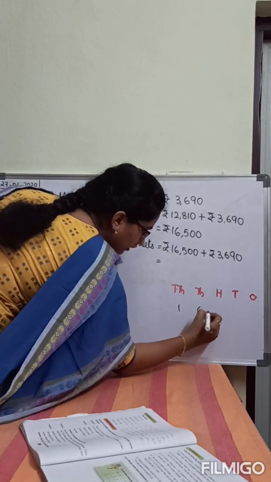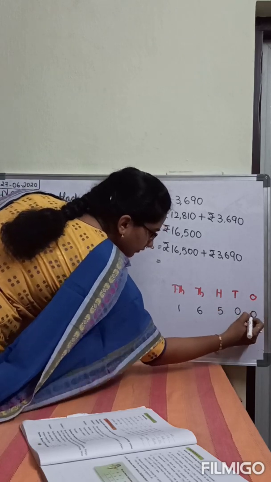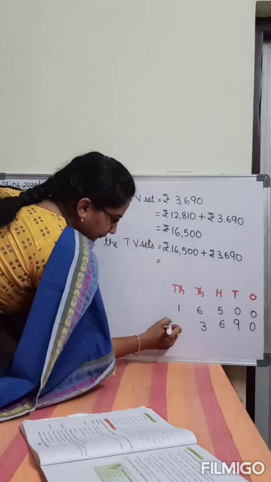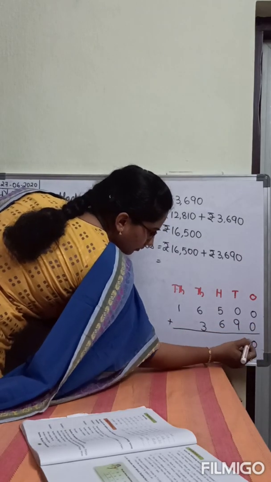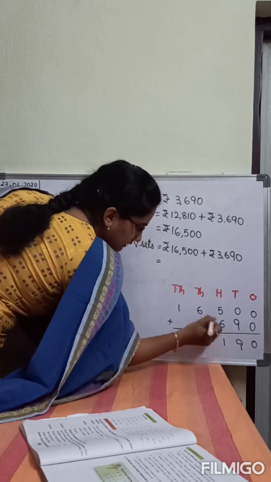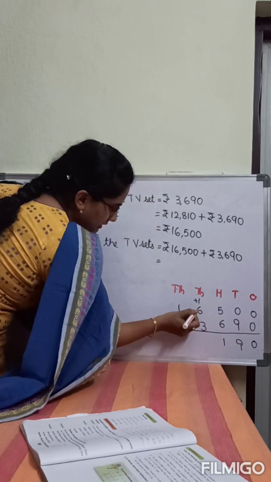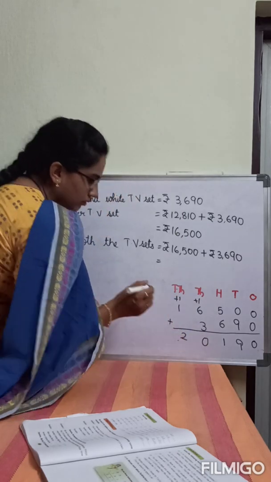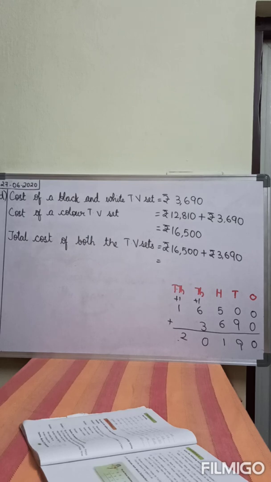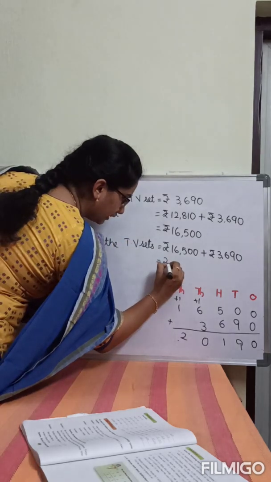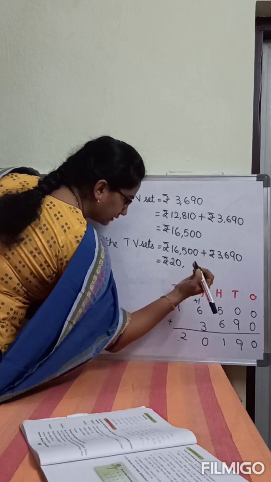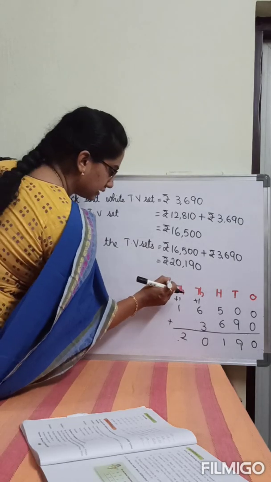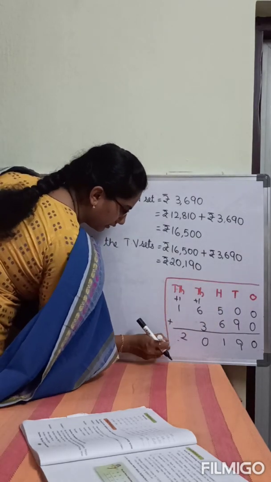Cost of color TV set 16,500 and 3,690. 0 plus 0, 0 plus 9, 5 plus 6, 1 plus 6 plus 3. This is the total cost of both the TV sets, that is rupees 20,190.